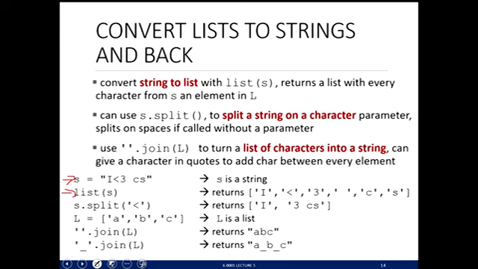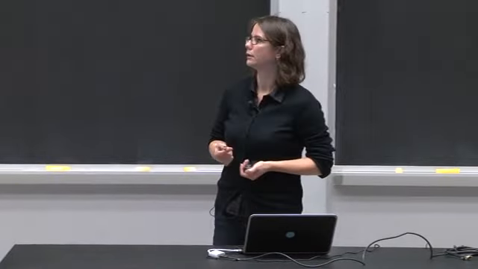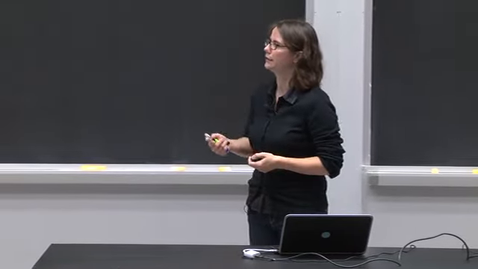In this case, I've split over the less than sign, but again, if you're doing the sentence example, you might want to split on a space. So this is going to take everything in between the sign that you're interested in, in this case the less than sign, and it's going to set it as a separate element in the list. Okay?